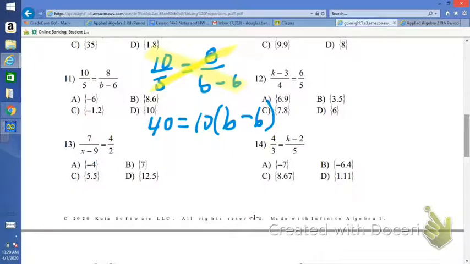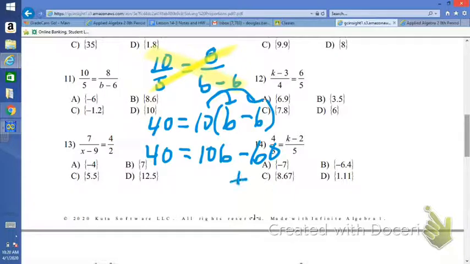in parentheses. Okay, so now we have to distribute this 10. So we have 40 equaling 10b minus 10 times negative 6. 10 times negative 6 is negative 60.